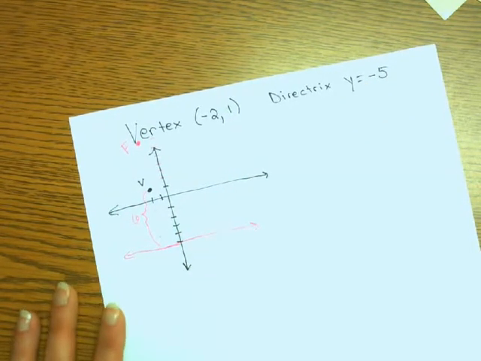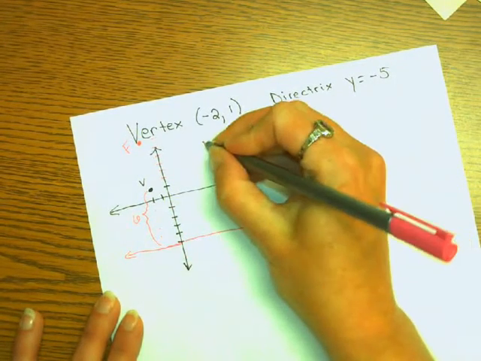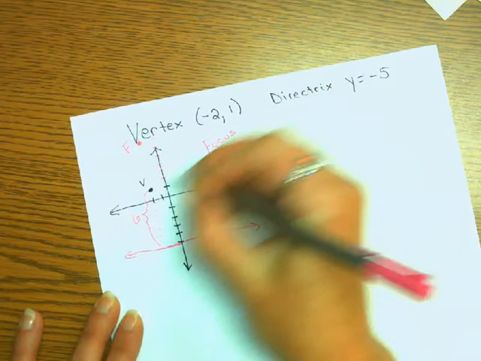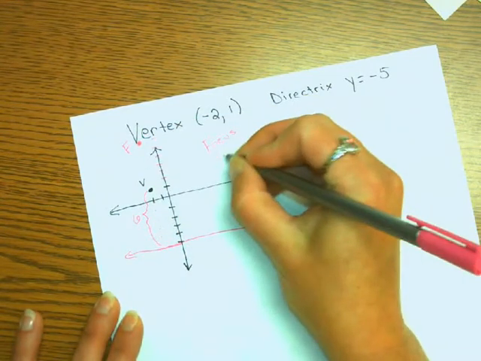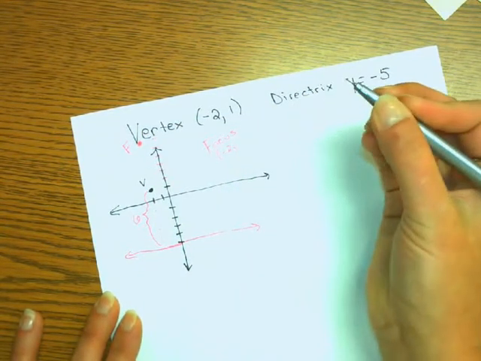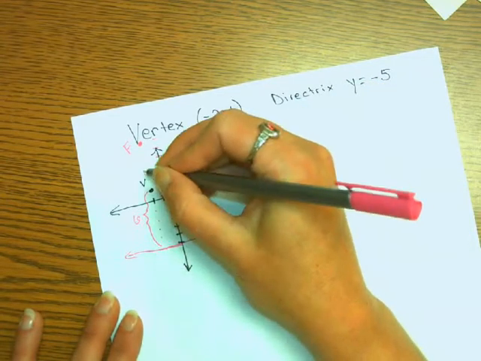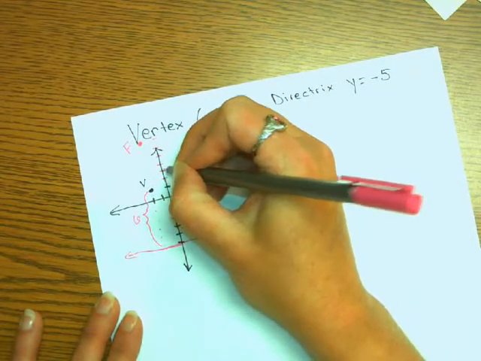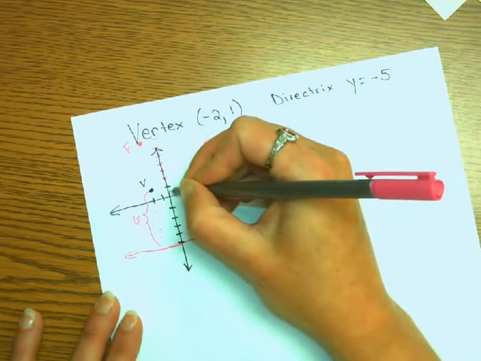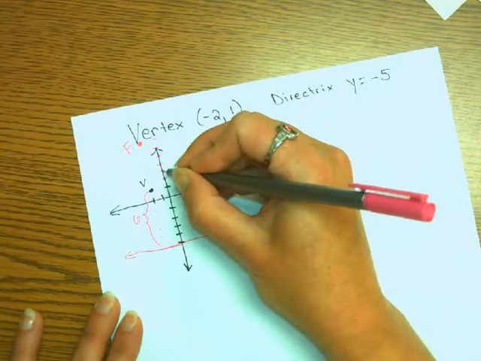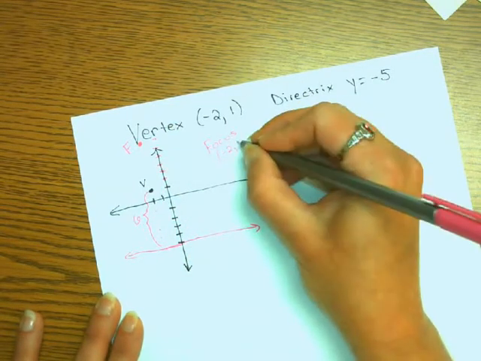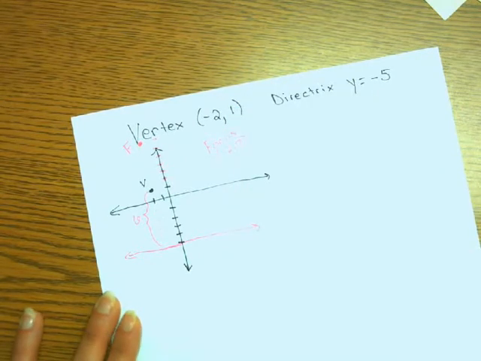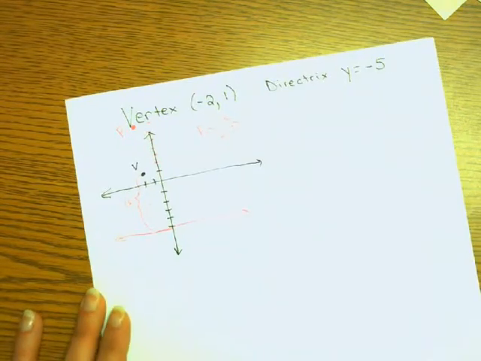So let's see. That focus would be at negative 2, and I went up 6 steps, right? We counted up 6 steps. 1, 2, 3, 4, 5, 6. Okay. So that y value is at 7, because I went up 6 steps. Oh, that got fuzzy. Sorry.